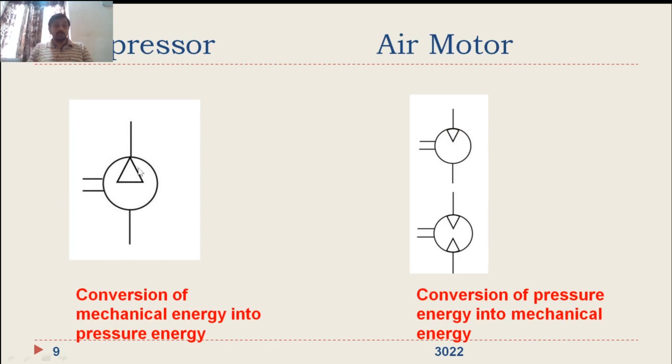The arrow is not solid filled. It is not filled at all. The compressor converts mechanical energy to pressure energy, and uses air as the working fluid, a compressible fluid. And coming to the air motor, the direction of the arrow is towards the center, and the pressure energy is converted to mechanical energy.